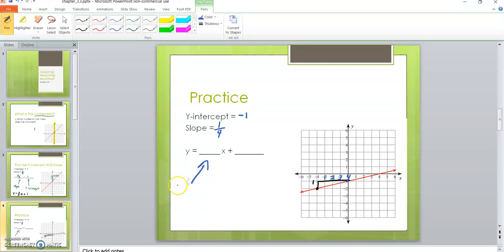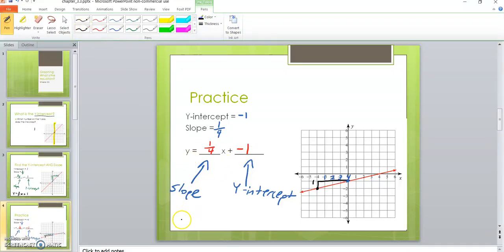Now keep in mind, the first one is where your slope goes, and the second one is where your y-intercept goes. So my slope is 1 over 4, and my y-intercept is minus 1.